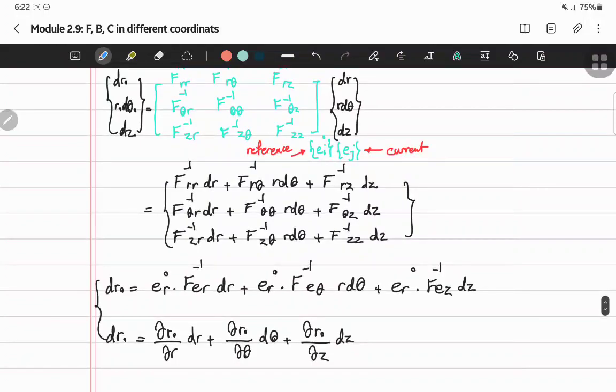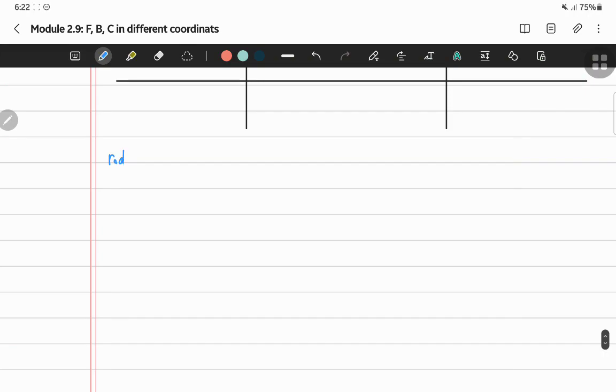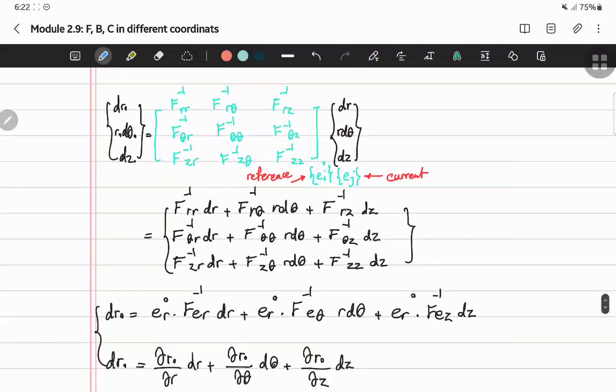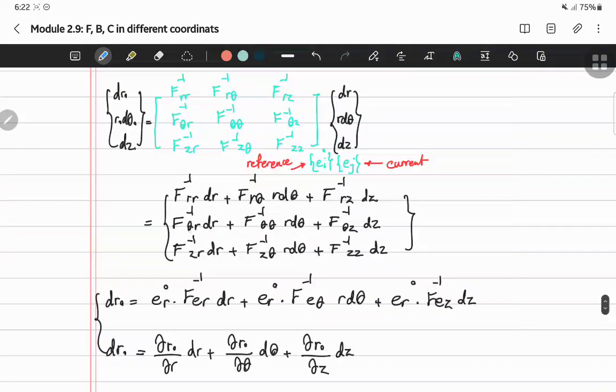Next, we have r0 d theta 0 is equal to the second row. So it is e theta 0 dot f inverse er. This is theta r. The first subscript is in reference, and the second one is in the current configuration.